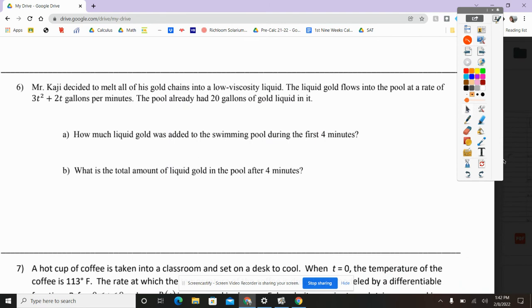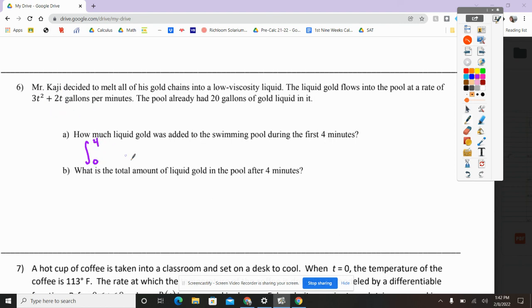Number 6 is talking about Mr. Kaji's gold chain. And this one wants to know how much was added during the first 4 minutes. So this does not mean you can just plug in a 4. This means we have to figure out what the area would be from 0 to 4. So I set up a definite integral from 0 to 4.